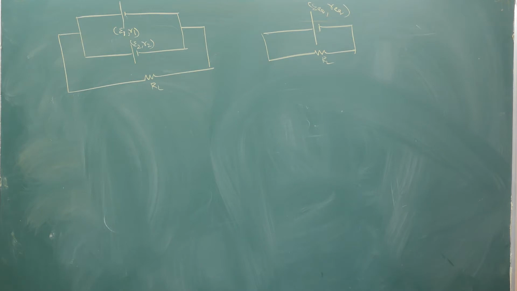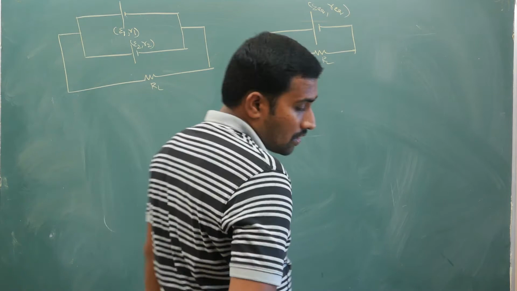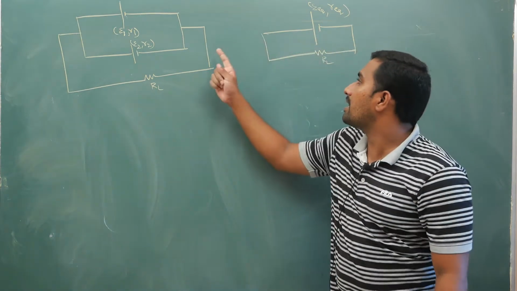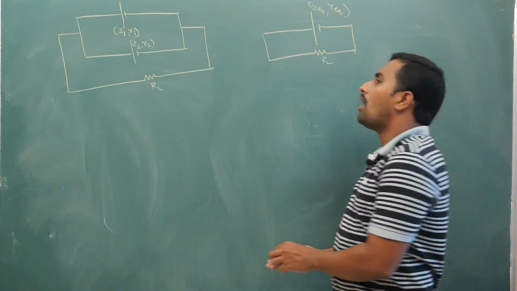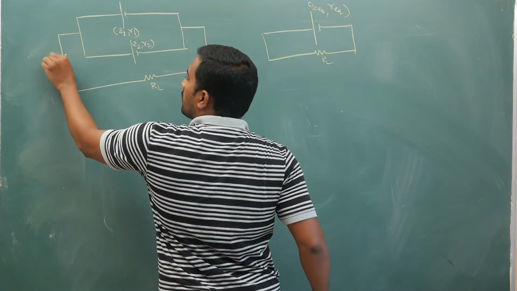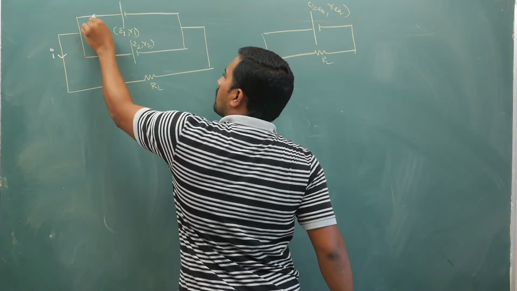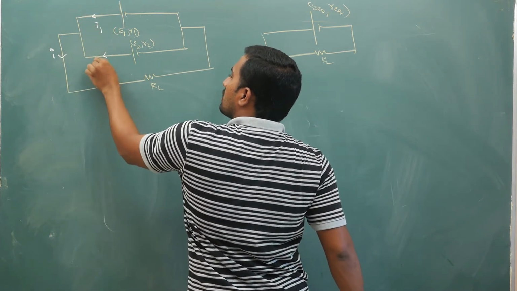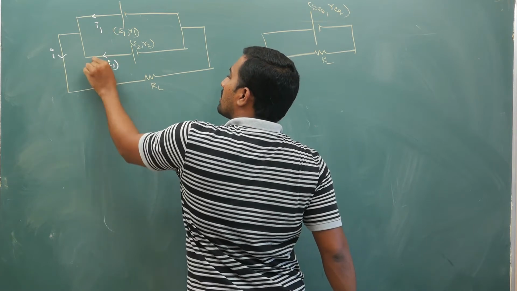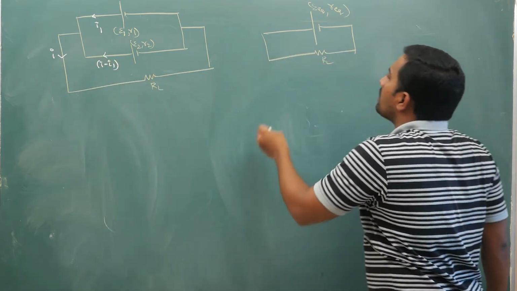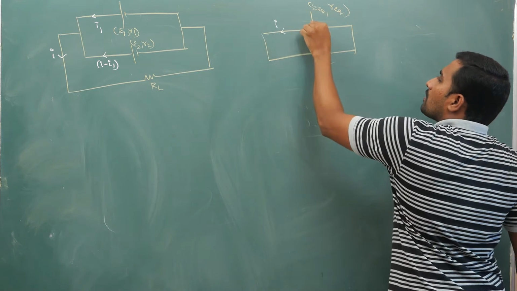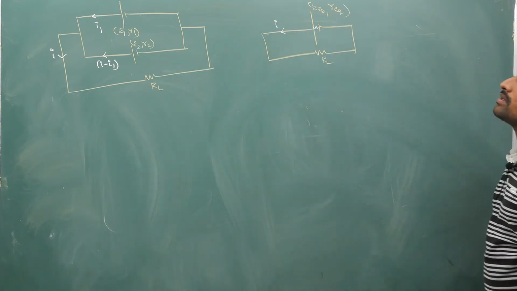There is no variation in EMF and internal resistance. So now I am going to replace these two cells with a single equivalent cell, which will produce the same amount of current. If this is taking I1 current, this will automatically take I minus I1 current. Your equivalent also should produce the same amount of current through the load resistance.